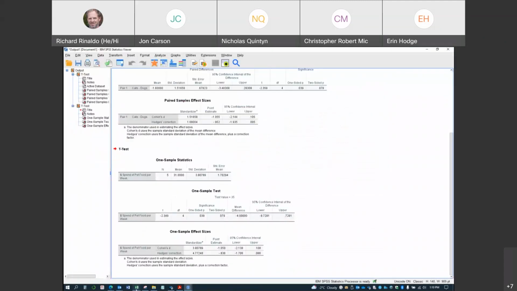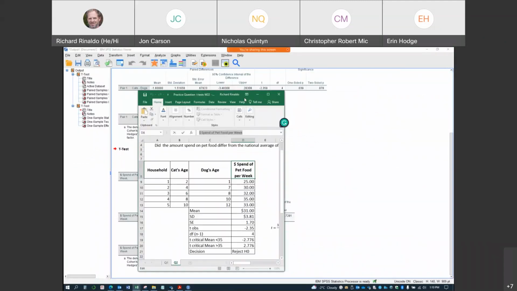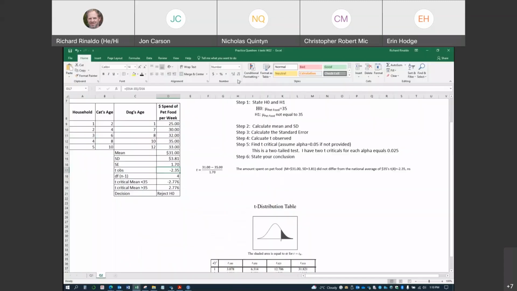Okay, so we had a mean of 31, a sample standard deviation of 3.81, my standard error of 1.70. My t observed is negative 2.35.